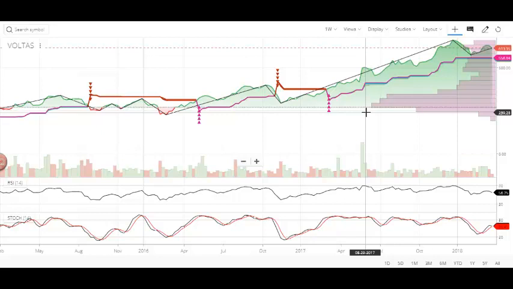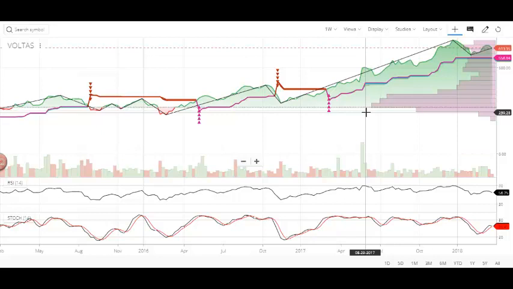If they had bought Voltas, they can easily understand just by looking at the chart itself, even without knowledge of technical indicators, what the status of the stock is.